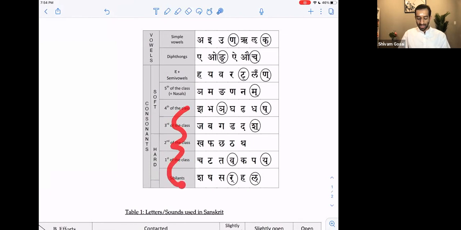Next to it, you can write fourth of the class to first of the class plus sibilants. 4-1 plus sibilants. That is jal.